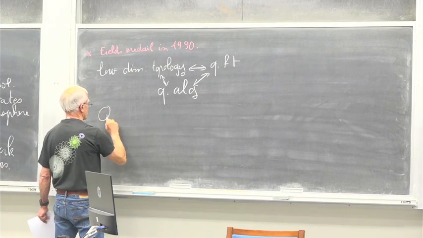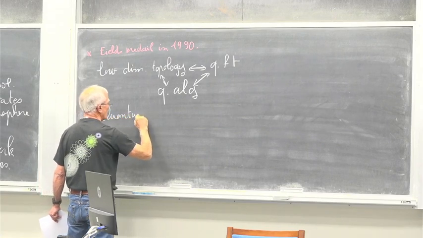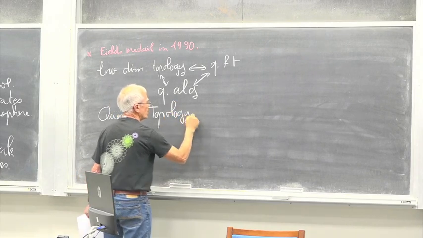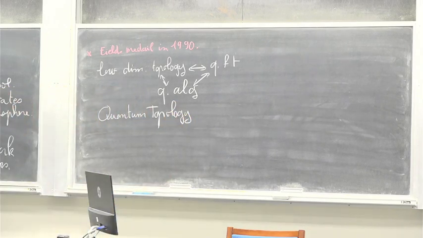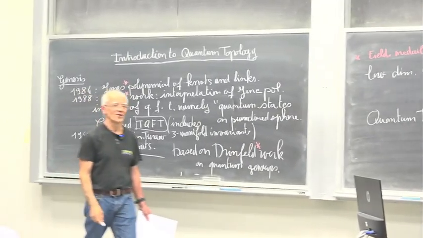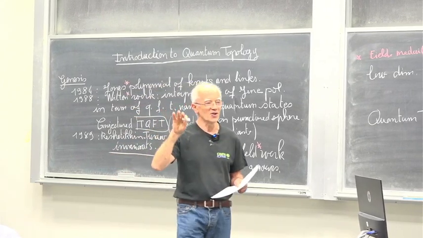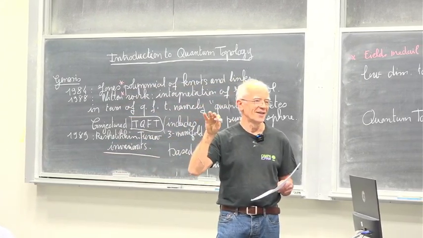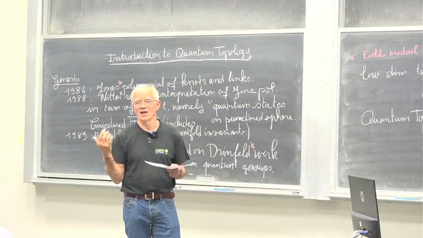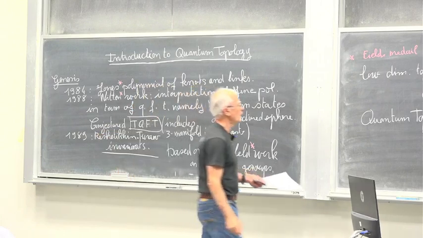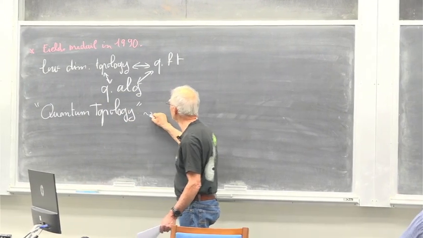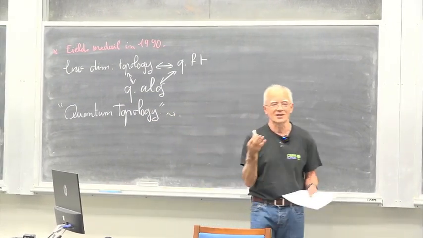The terminology of quantum topology came very quickly. This TQFT was the title, the same title, of two papers in 1989, one by Witten and the other one by Atiyah, who axiomatized the idea of TQFT.